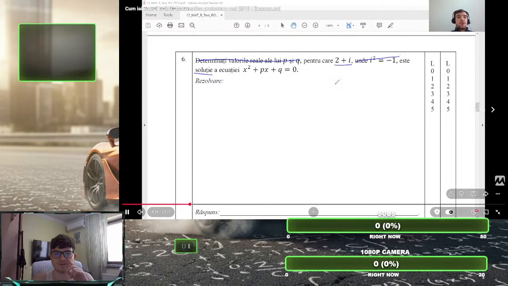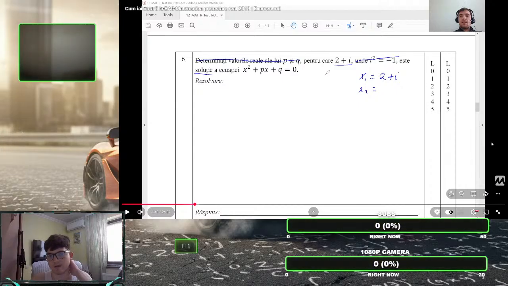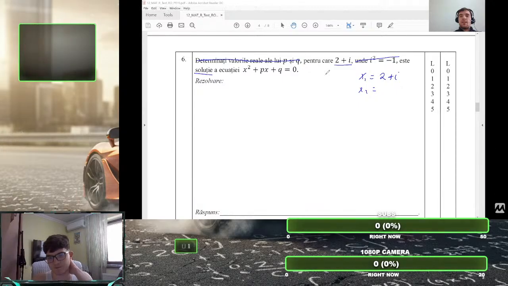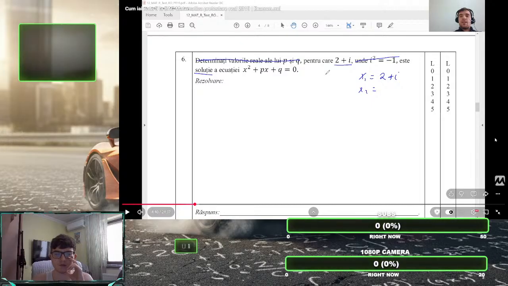Anyway, you have x1 is 2 plus 1, then x2, I don't know exactly what that is. x squared plus px plus q is equal to 0. Okay, so I understand that.